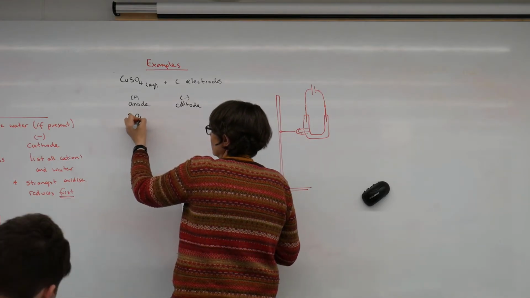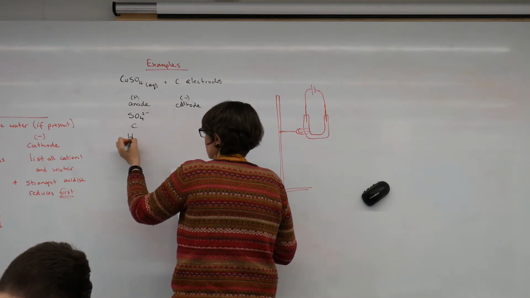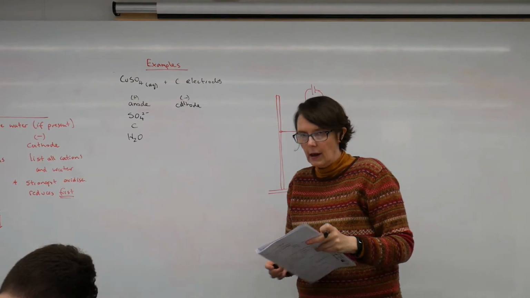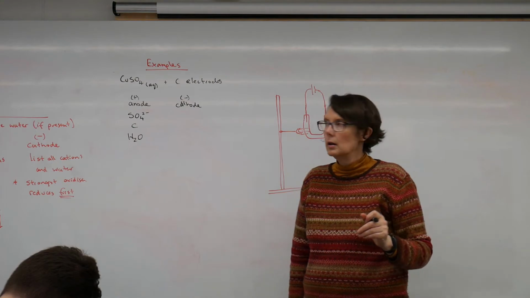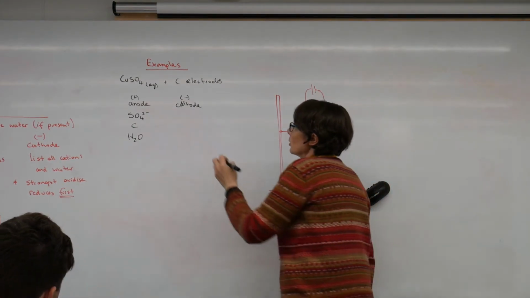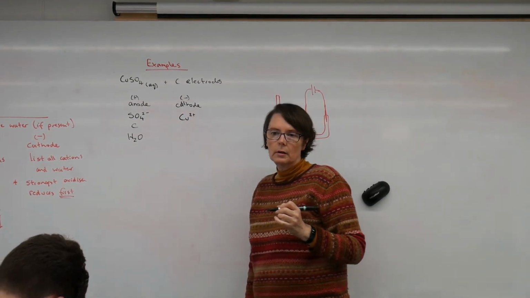I have the sulfate ion, and I have the carbon, and I have water. What should go at the cathode? Copper ions and water.